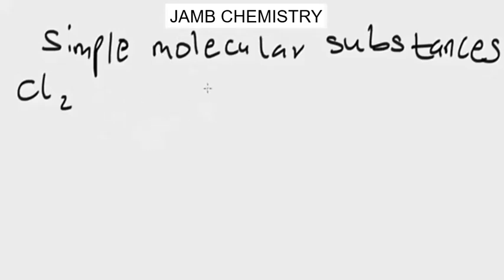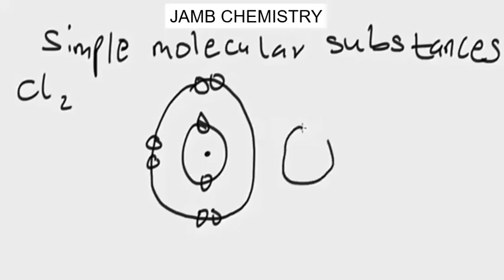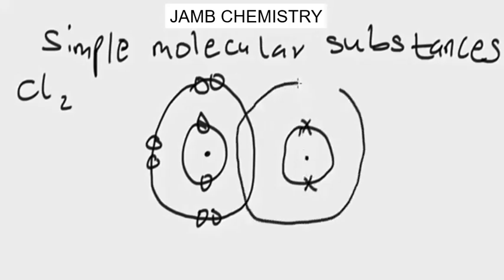Alright, so let's represent the dot and cross structure of it. So this will be the first chlorine atom. This is the first shell, and this will be the second shell. Alright, so it has 7 electrons. Now, the second chlorine atom, this is the first shell. It will now bond with this.